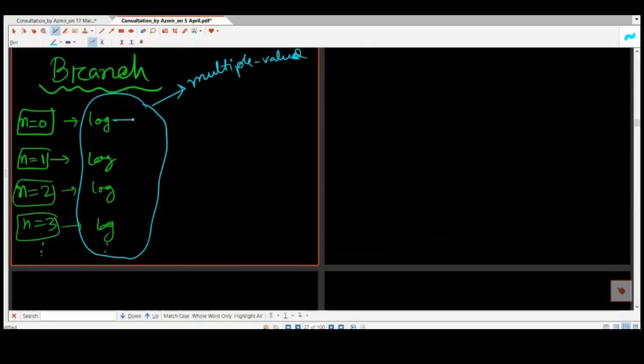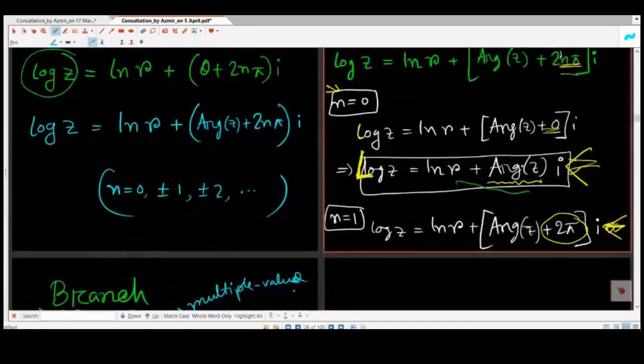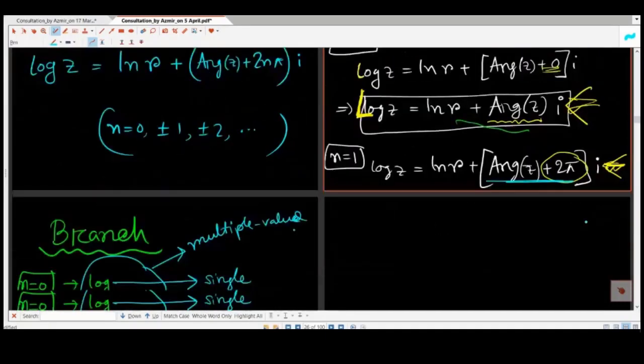But this log is a single value. That means here we don't have any n. Similarly, in this part we don't have any n.